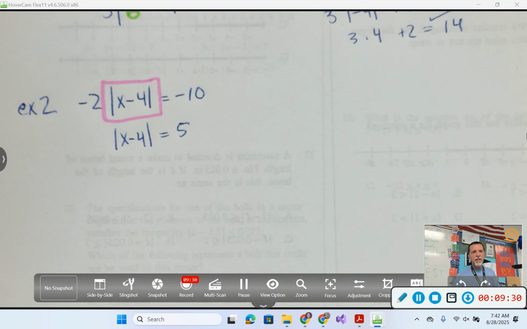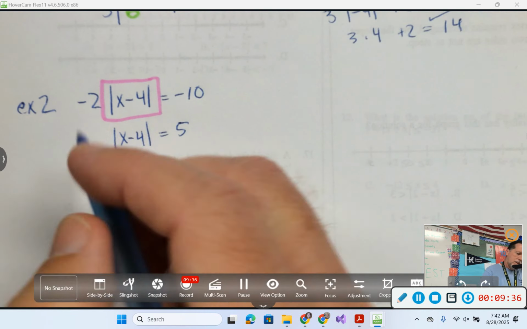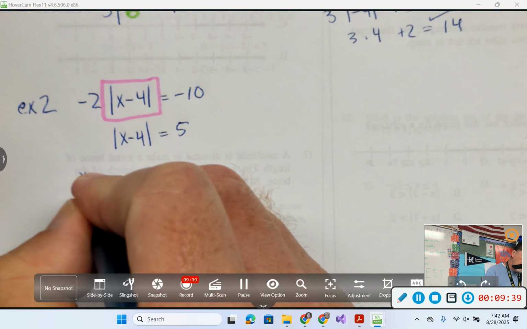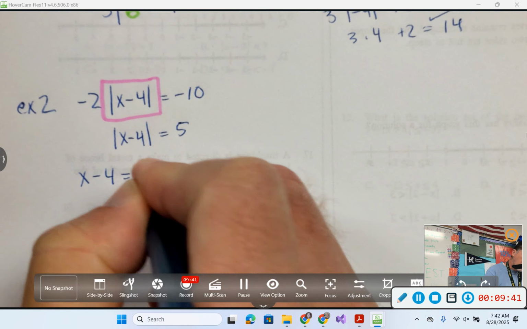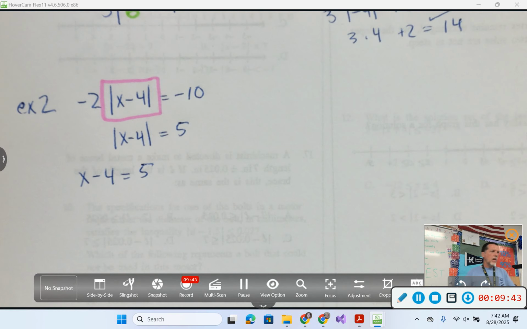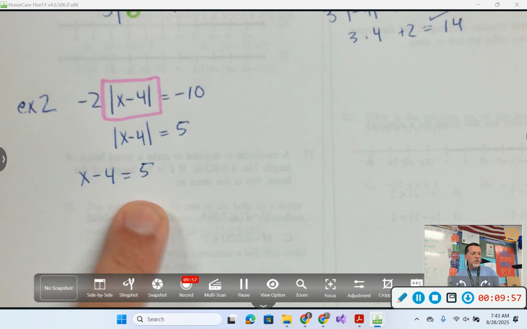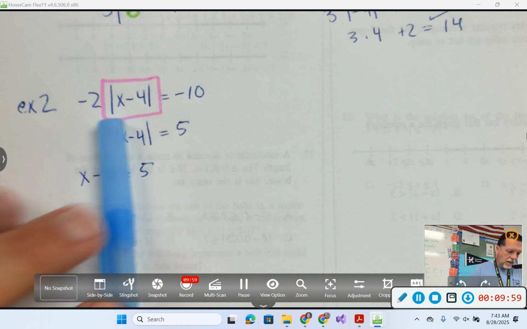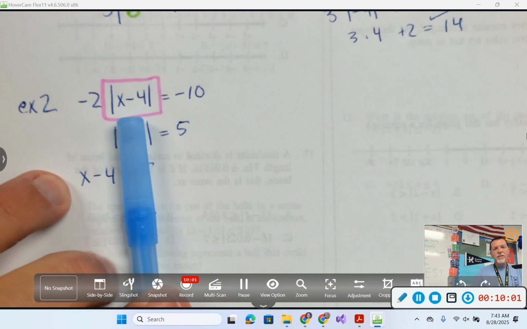Now I've got the absolute value thing by itself, so I'm ready to split it into two equations. The first equation will just be x minus 4 equals 5. What's the second equation going to be? You only change the other side.